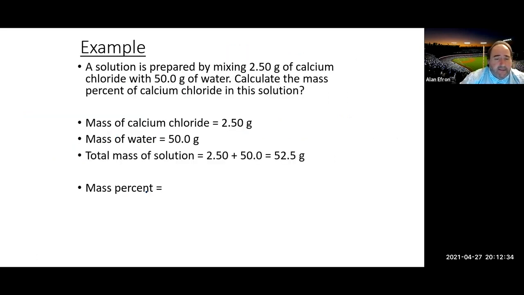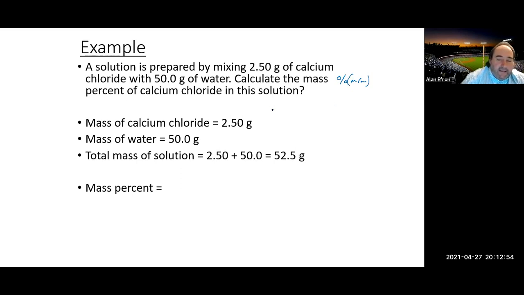A solution is prepared by mixing 2.5 grams of calcium chloride with 50 grams of water. Calculate the mass percent of calcium chloride. So what we're looking to calculate here is the percent mass to mass.